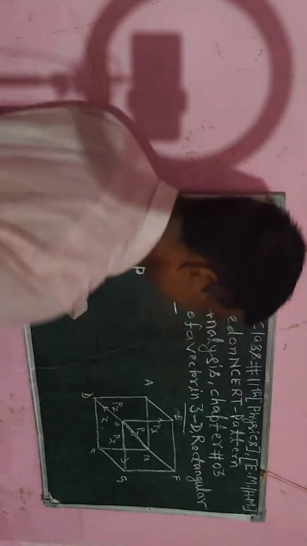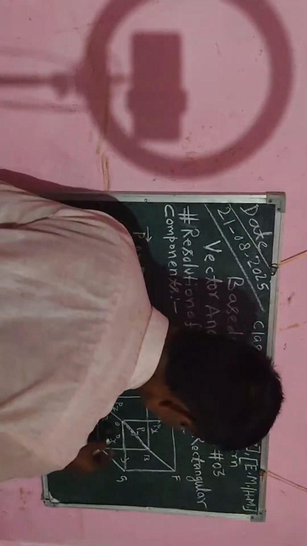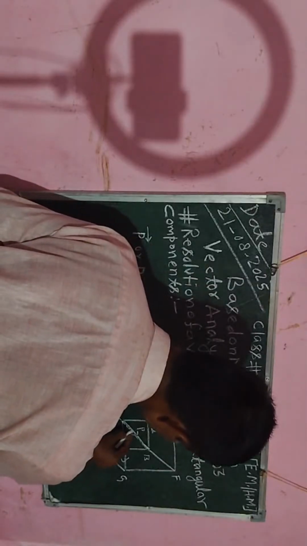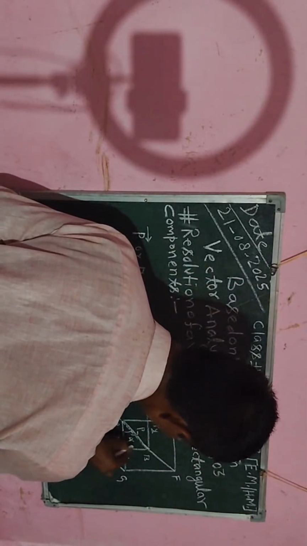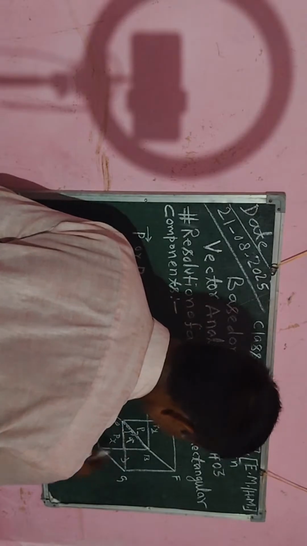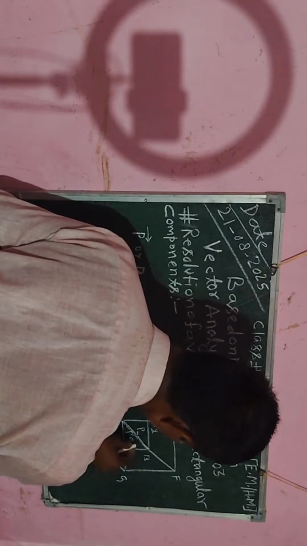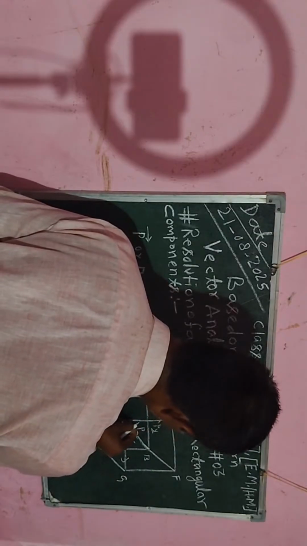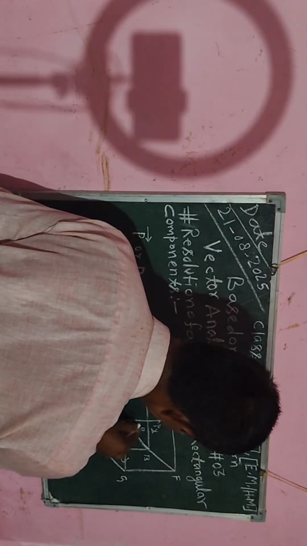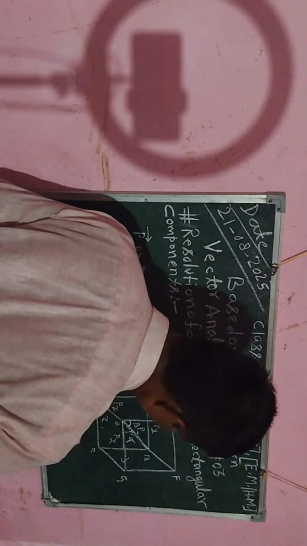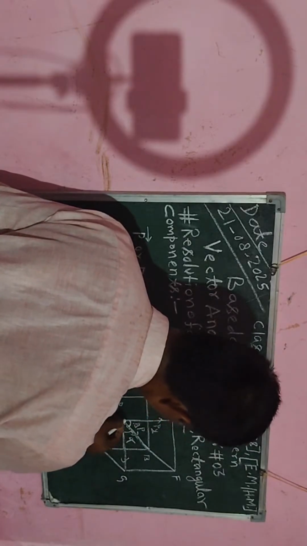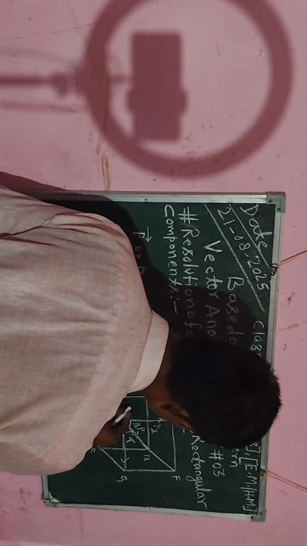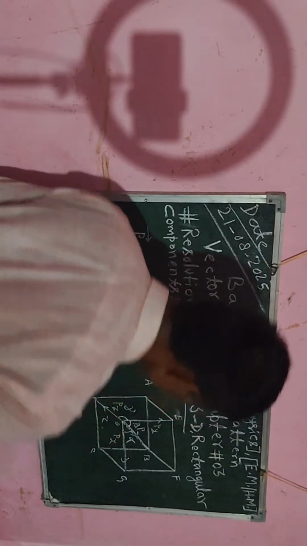So after writing, I will consider the angle alpha when I have to resolve the component. So this angle will be alpha along the x-axis and beta along the y-axis. Here I have to write beta along the y-axis, and also gamma. Here I have to write gamma, that will be along the z-axis.